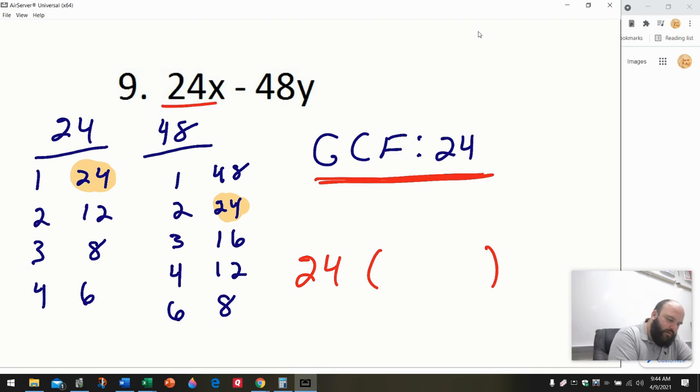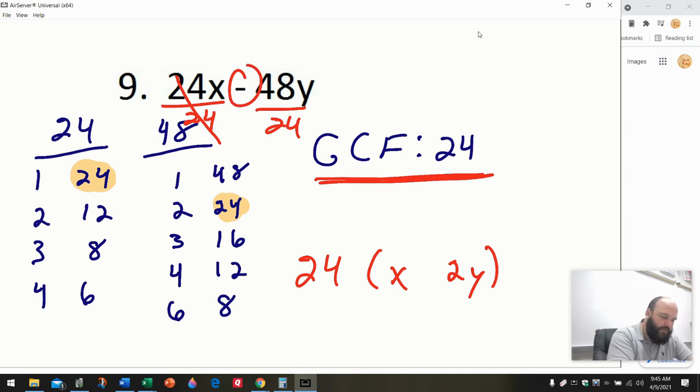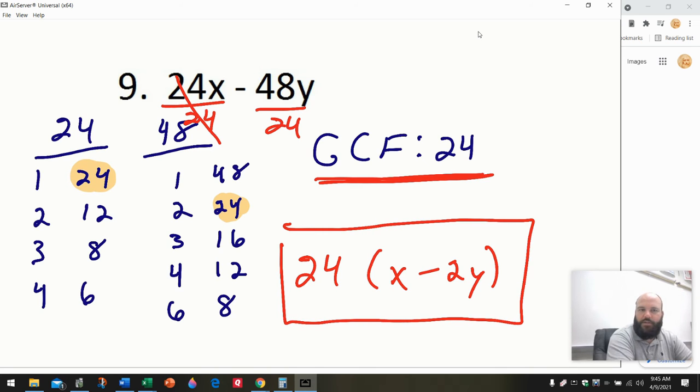Then we'll take our original expression and divide both parts of that expression by the GCF, which is 24. 24 divided by 24 is 1, so we are only left with a 1x. 48y divided by 24 is 2y. These are separated by a minus, so this will be separated by a minus. And we're all done. There is the factored form of the original expression.